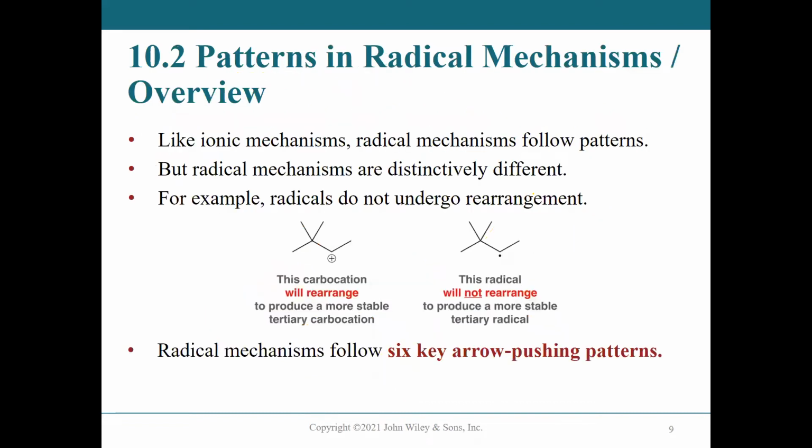So here is something that you guys are going to like, and I also liked when I was a student: radicals never do rearrangement. They do not undergo rearrangement. In the mechanisms of radicals, you will always have patterns. Remember in our reactions in chapter 6, we were talking about proton transfer, nucleophilic attack, carbocation rearrangement, and loss of leaving group, right? Here in radical reactions, we will have different patterns.